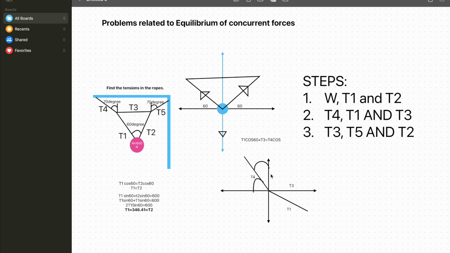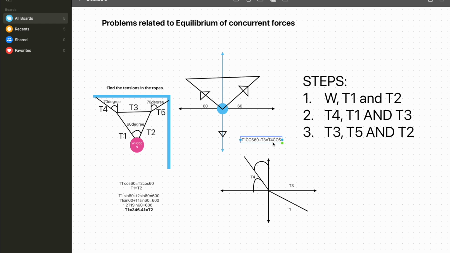If this is 70 degrees, this total angle is 90 degrees, so this is 20 degrees. So the horizontal component of T4 should be T4 cosine 20, right? T4 cosine 20 or T4 sine 70, whatever you can write.